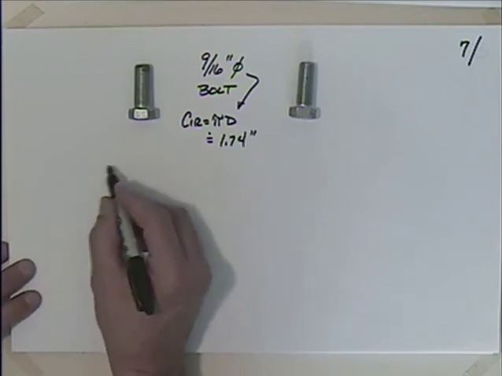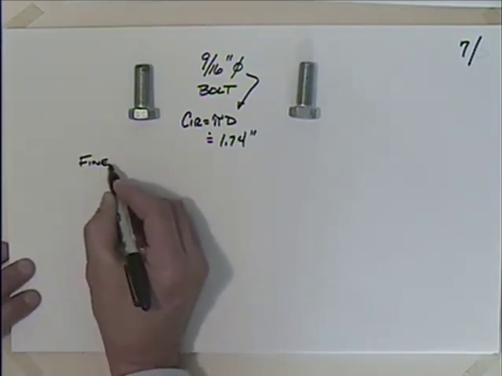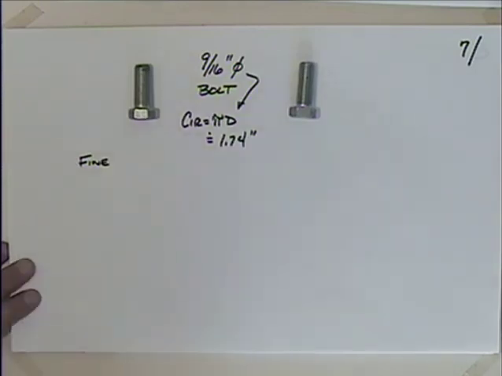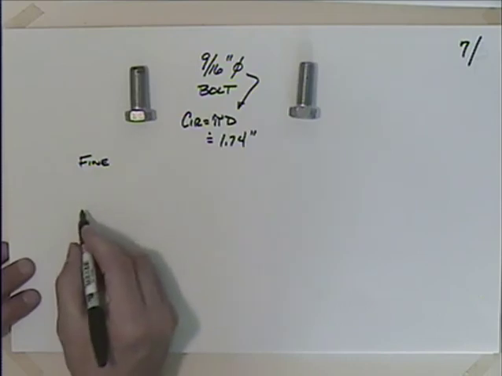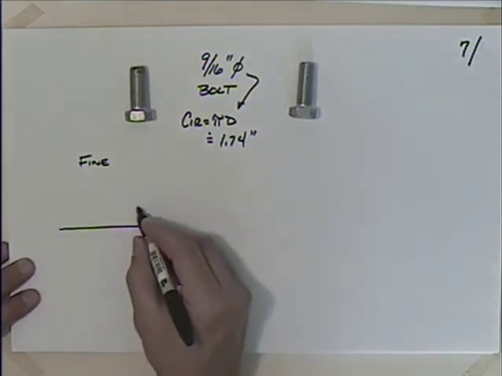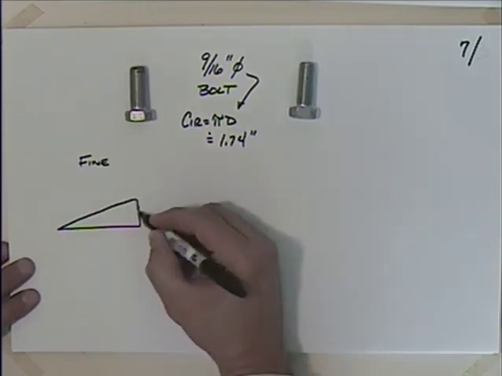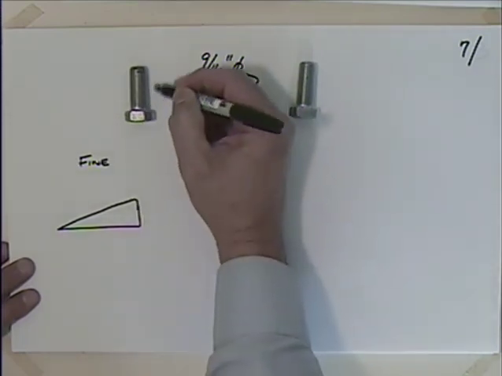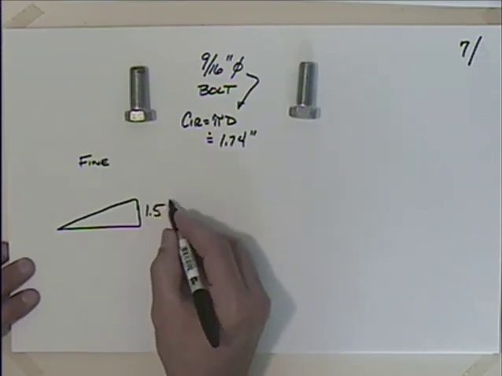So if I look at the fine thread, with the fine thread, this 1.5 inches, I have essentially a ramp or a wedge, if you will. And we look at this thing, this is 1.5 inches from there to there. So I have 1.5 inches.